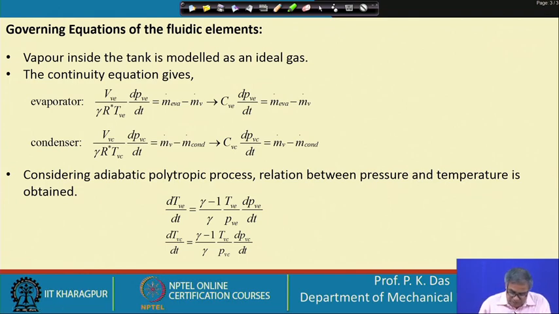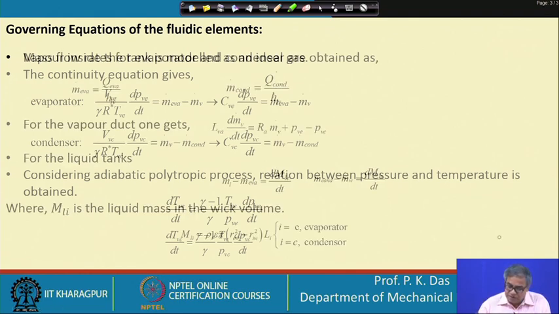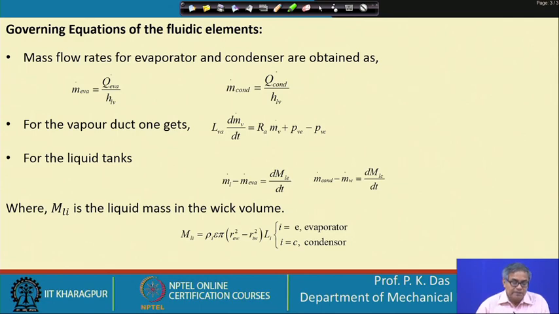With this, if we go to the next level, then how do we get how much mass is coming to the evaporator tank? So, m dot EVA is q dot EVA divided by the latent heat. Similarly, m dot condenser is whatever is the heat divided by the latent heat.